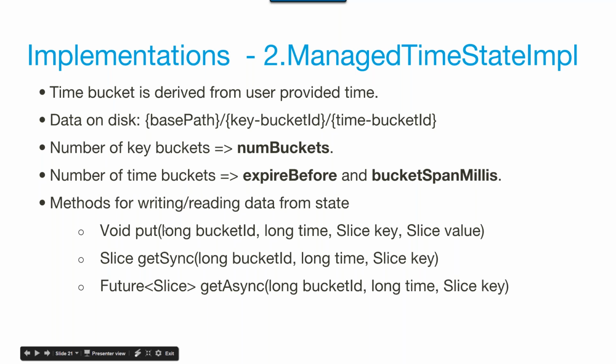Below are the methods for reading and writing the data from the state. For inserting the data, we pass the bucket ID and the time. Here the bucket ID is the key bucket ID, and this is the time of the tuple, and the key and the value. The below two methods are for fetching the keys from the bucket.